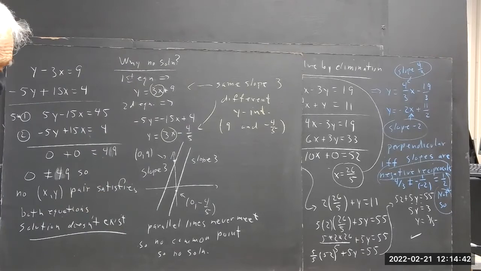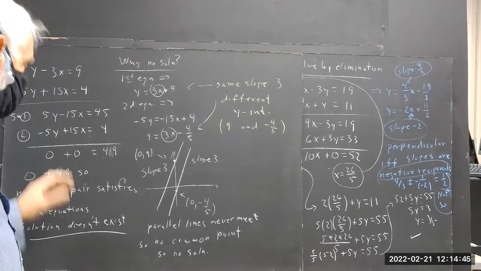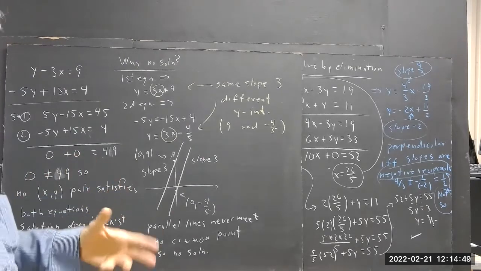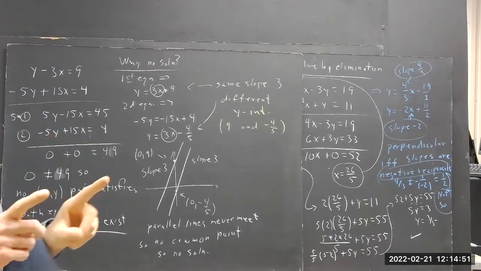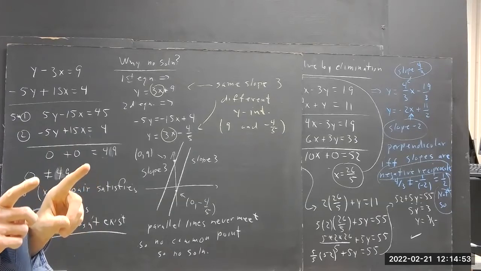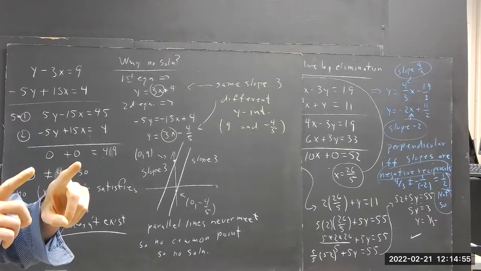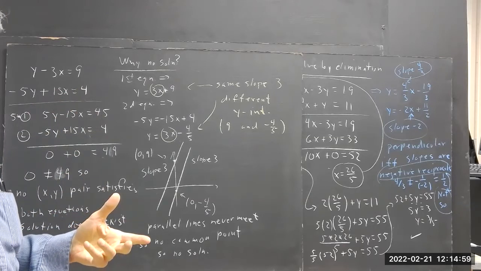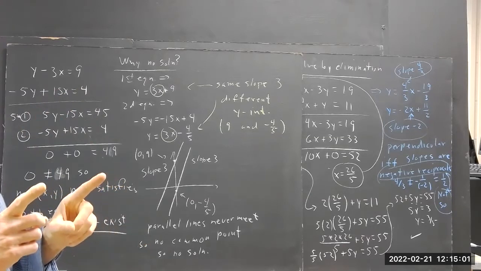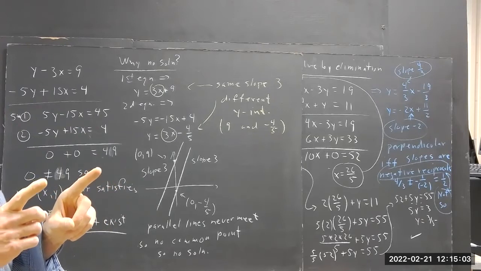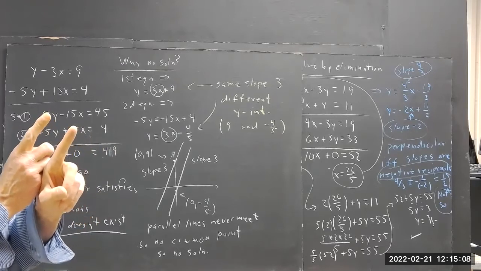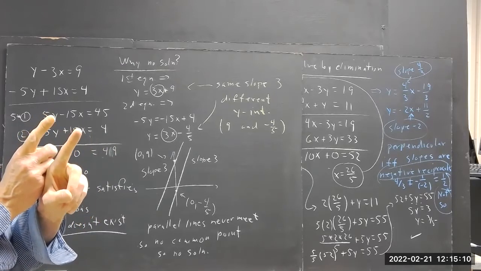So when you have a system of simultaneous equations in 2 variables, they represent 2 lines. If the lines have different slopes, well, then they've got to meet someplace. So there's a solution. If they have the same slope, then maybe they meet, in which case they're the same line, infinitely many solutions.